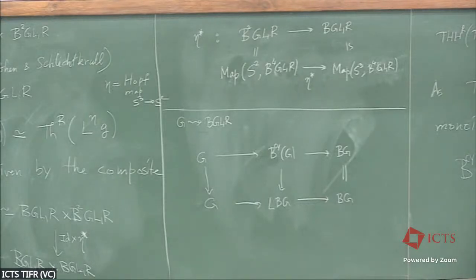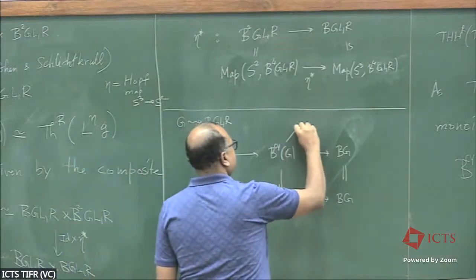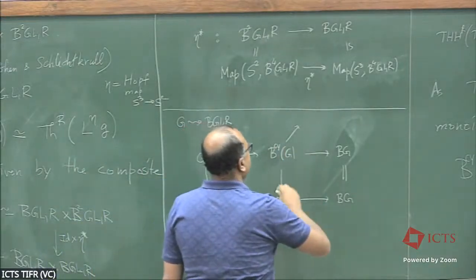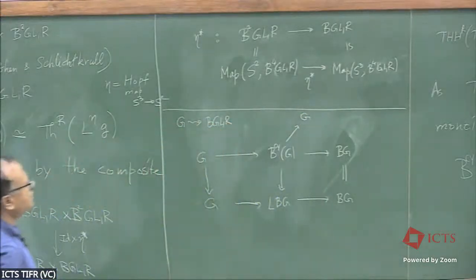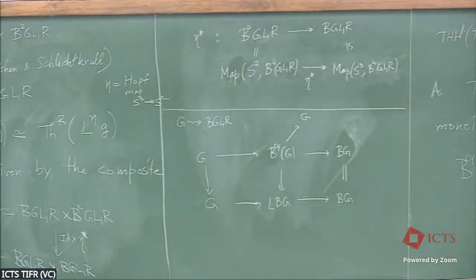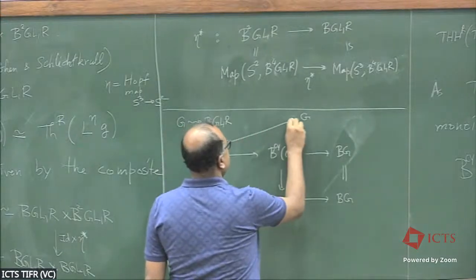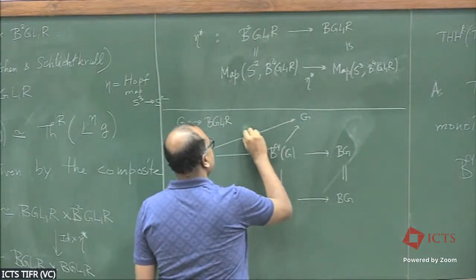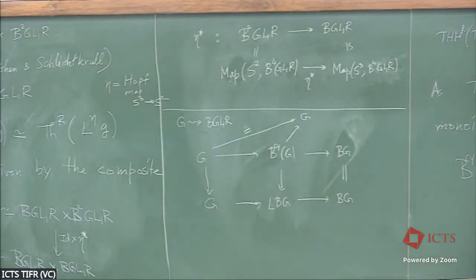Now the map that we are looking at is the level-wise multiplication map from the cyclic bar construction to G. Okay, and from this simplicial description, it is clear that this map is the equivalence.